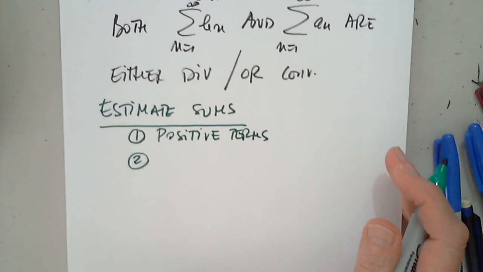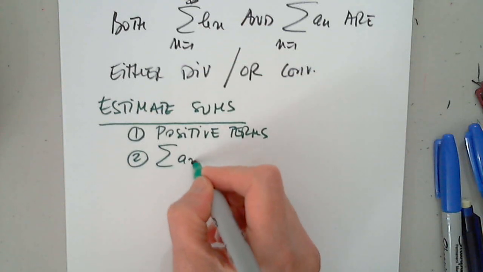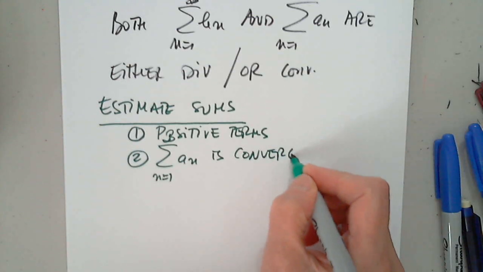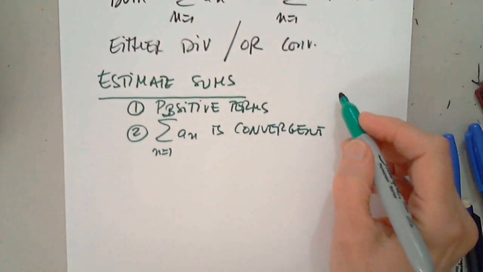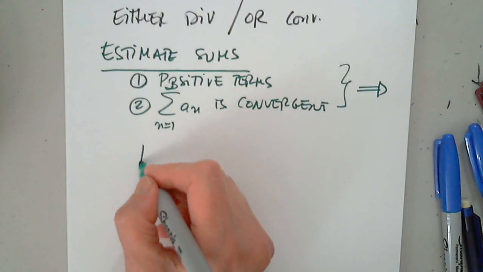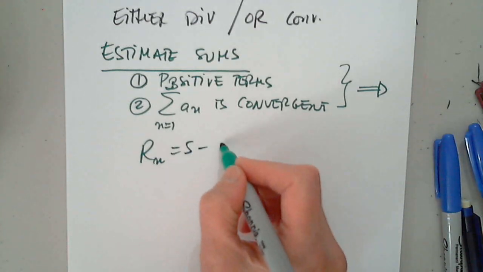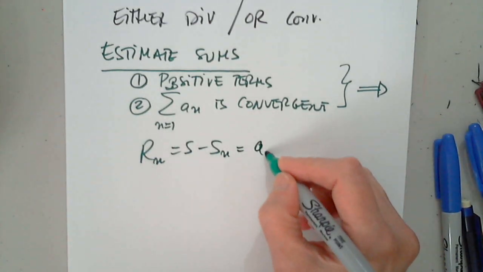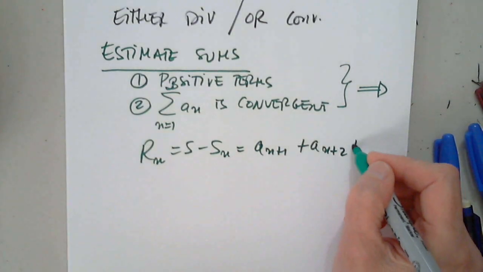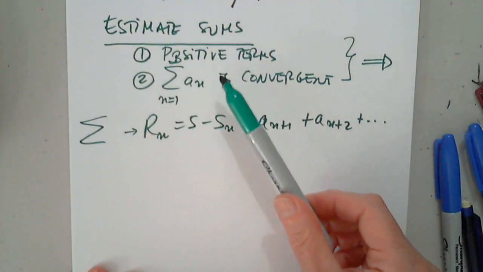Number 2, we know that this series is convergent. Then, as you remember, Rn is the remainder. So this will be S minus Sn, and of course this is a n plus 1 plus a n plus 2, and so on and so forth. So this comes from a sub n.